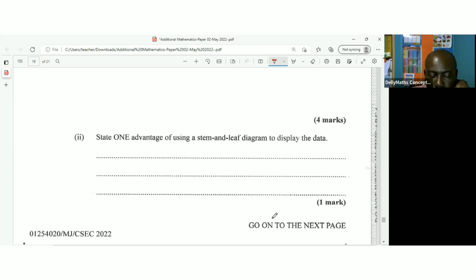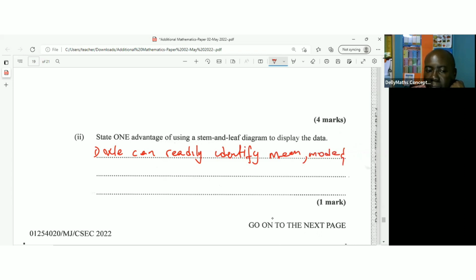Well, one advantage is that we can readily identify our mean, mode, and median. We can easily do that. Can quickly do a mean, mode, and median, and that's just one.